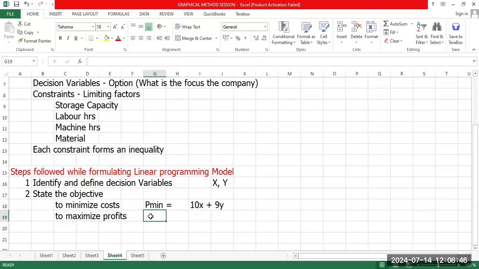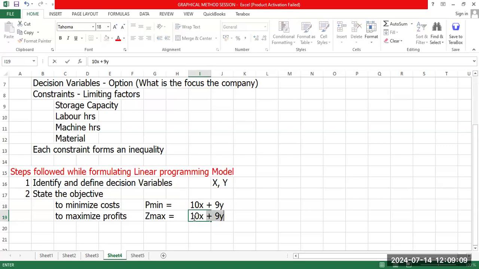If it is to maximize profit, we normally use Z, but you can use any letter. You can use Z, you can use K, as long as you show that this is K max, to show that you are actually dealing with maximization. So if you are to maximize profit, it is also the same.